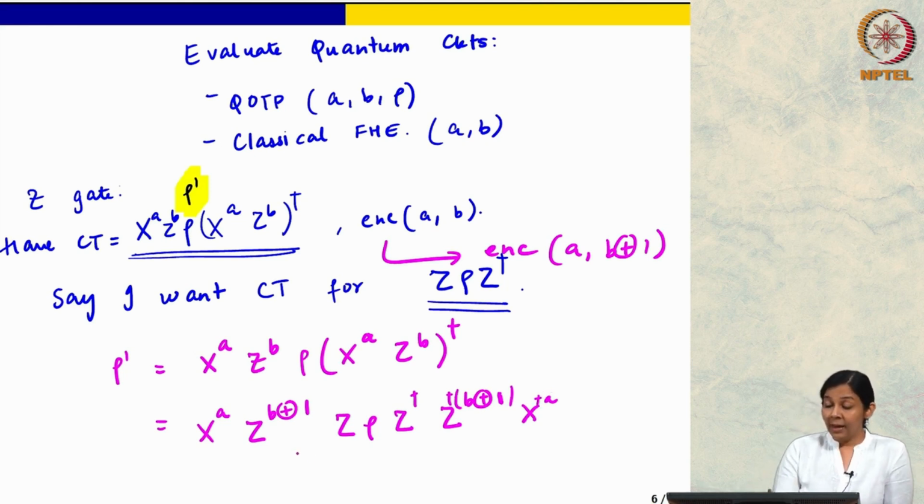In this case, in fact, we do not even have to change the quantum part. If I simply change the classical part, the quantum state will get decoded differently. It will get decoded as Z rho Z dagger instead of rho.